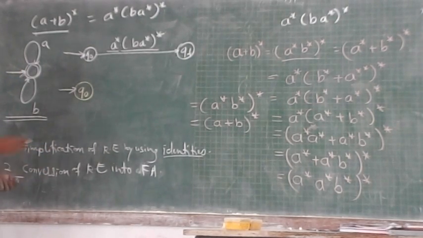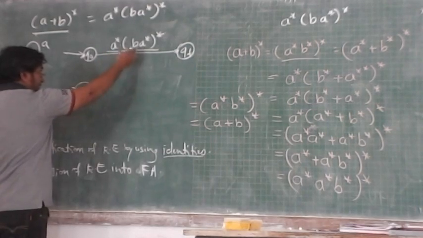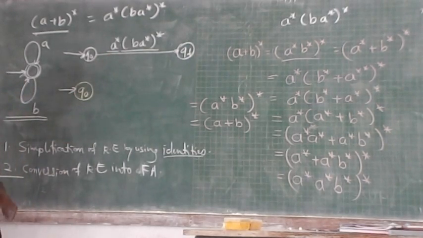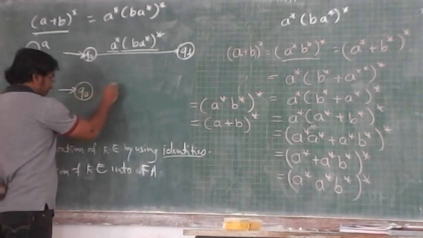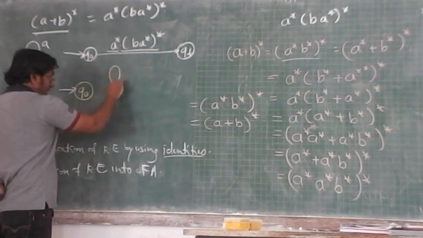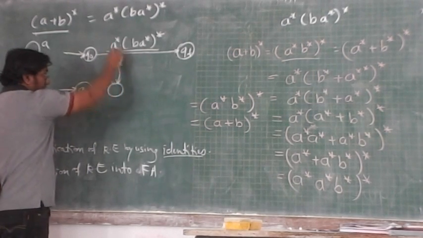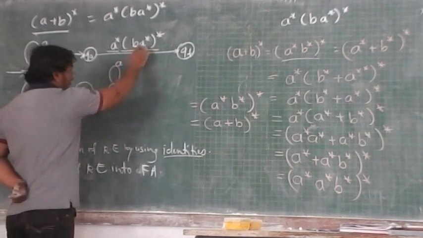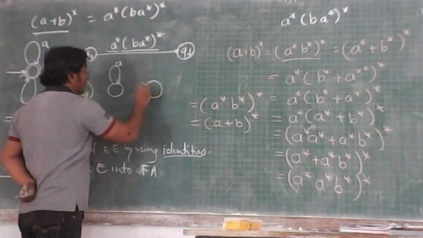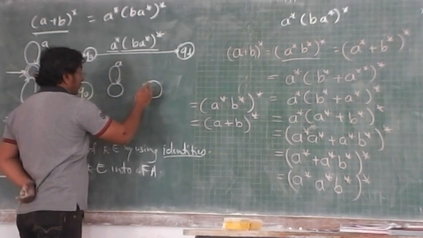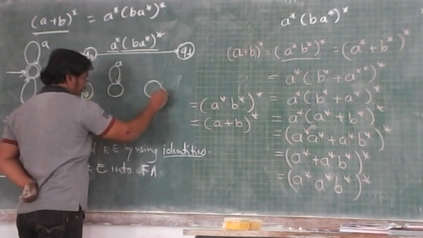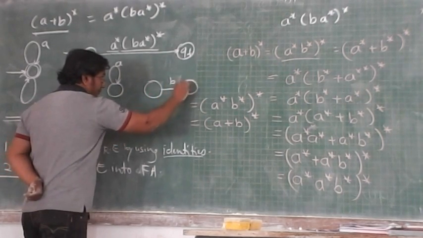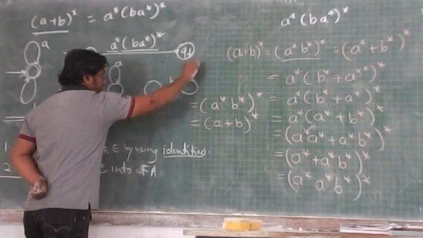So see, I partition this regular expression into two parts, and I will draw for A star. I draw this finite automata, and for B A star, I will take this way. Okay? This is B, this is A star.